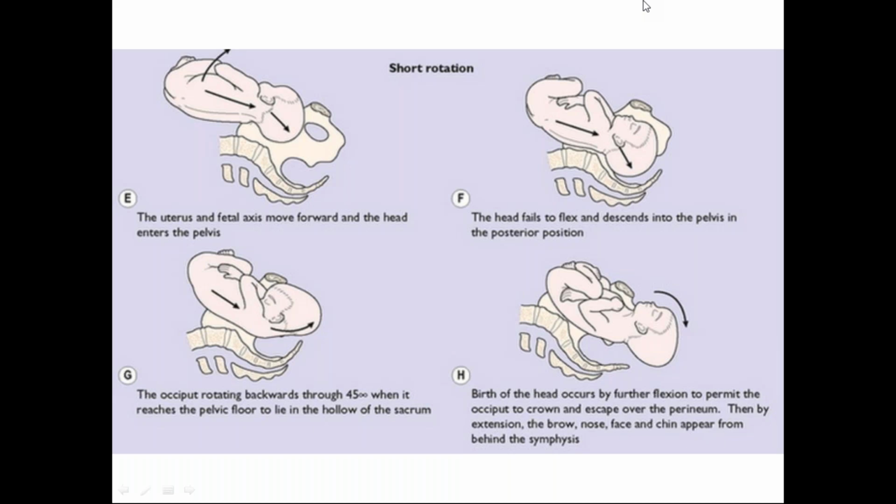Here the occiput is occupying here, forward to 45 degrees, again the axis of the sacrum. And there is further flexion. So there will be flexion. First, the perineum will be pushed against the occiput. Then there will be delivery of the vertex, frontal, nose, and face from under the symphysis.